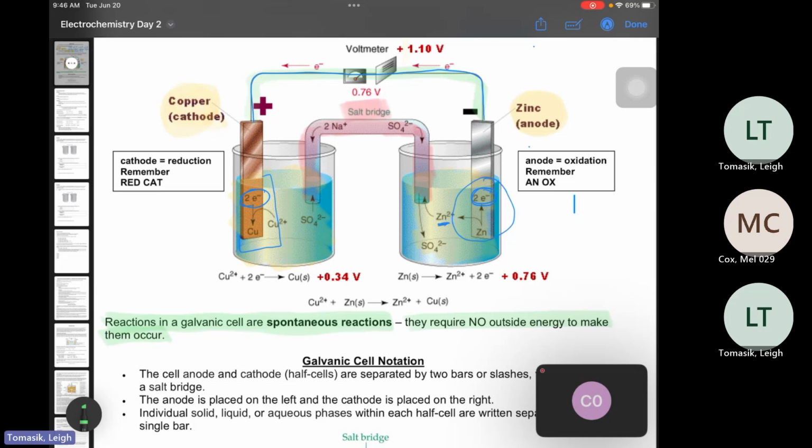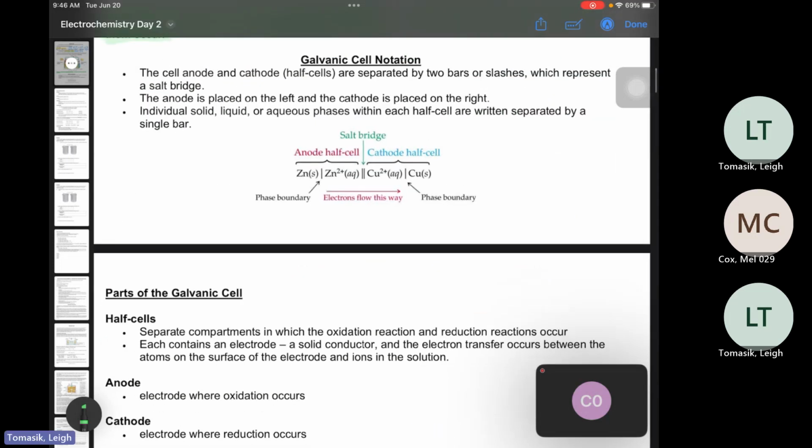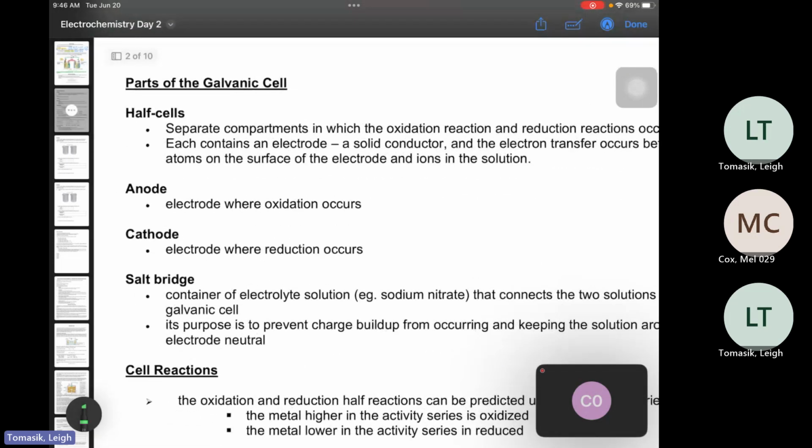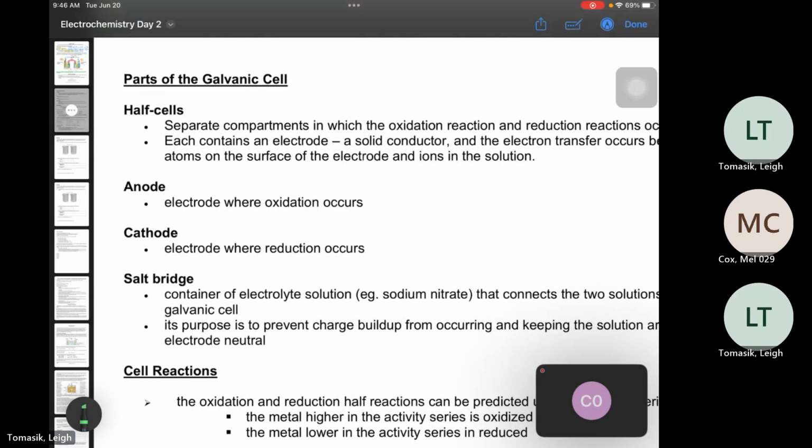So let's talk about the different parts of a battery. Those are on the next page. We're going to skip over the galvanic cell notation, and we're going to talk about the parts of the galvanic cell. So the first part that we have to talk about are half cells.